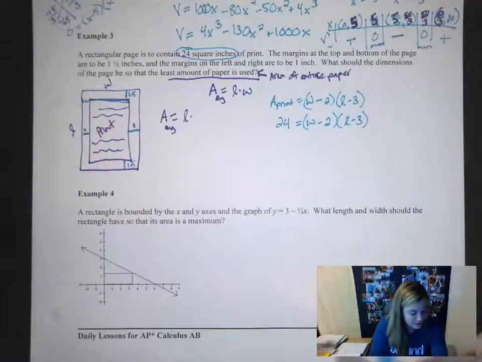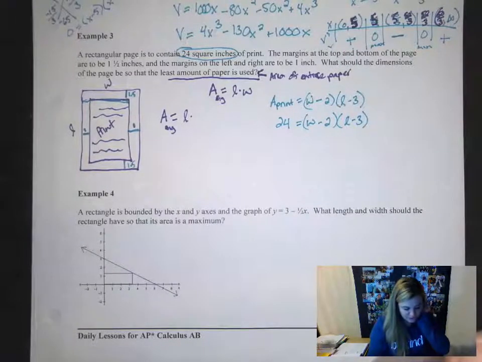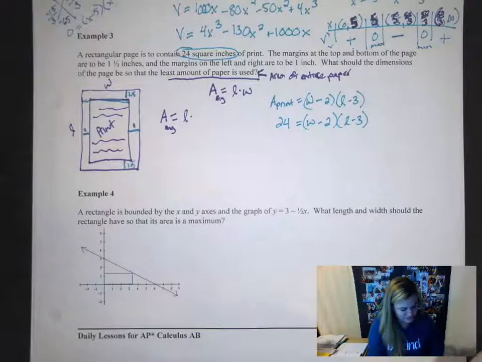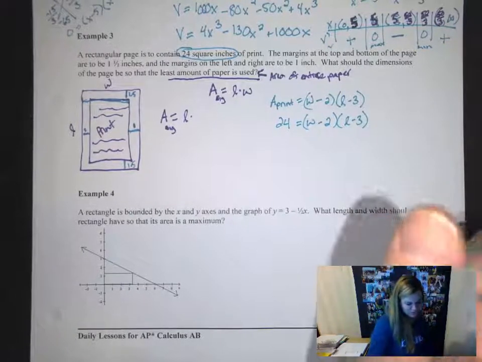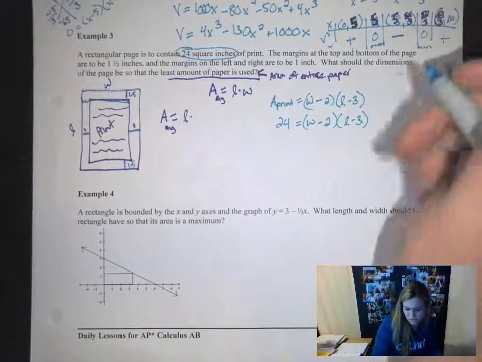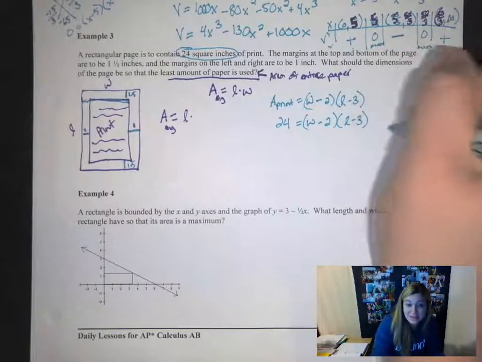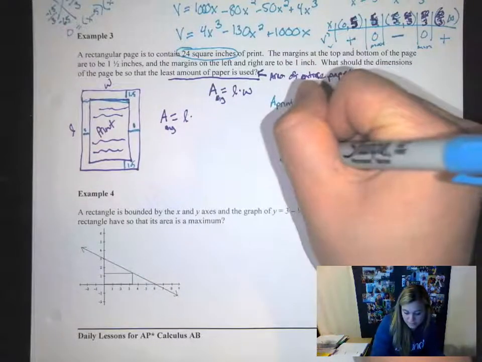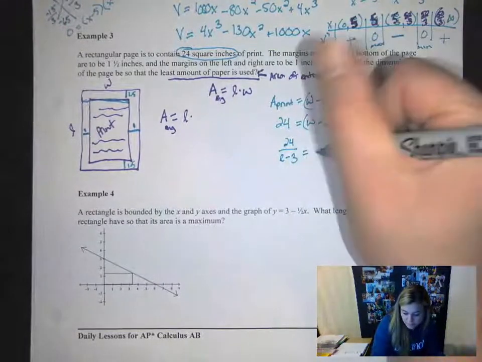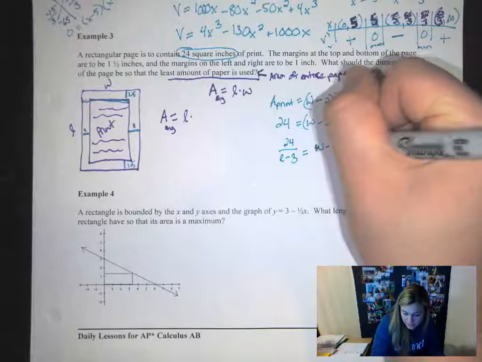I could solve this for L or W. Let's solve this one. What did I do it for before? I'll do the same thing as before, but you could go a different route if you wanted. I solved this for W before, so let's just go there. Dividing by L minus 3 on both sides first. W minus 2.